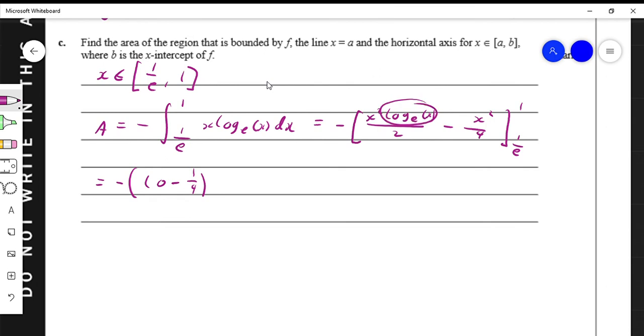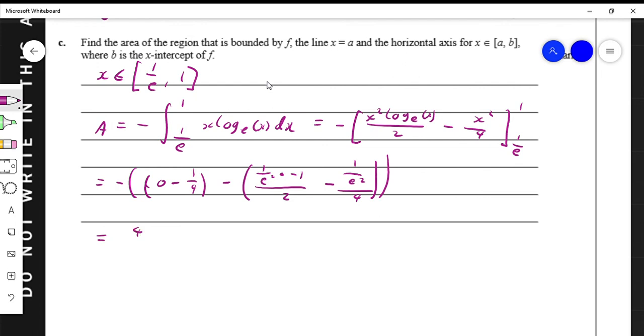So 0 minus 1 on 4 minus, okay, so we get 1 on e squared times negative 1. Hopefully this is just simple log stuff for you. Well, not simple, I guess, just like you know it. Then this squared divided by 4. Again, this is just gross arithmetic here, but it's fine.